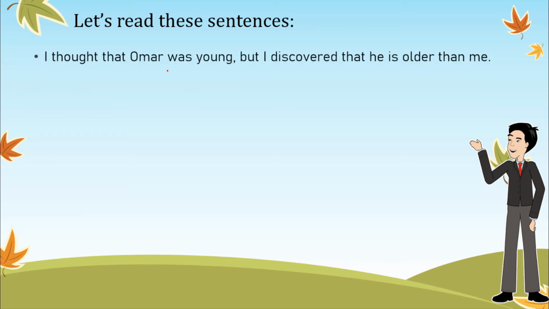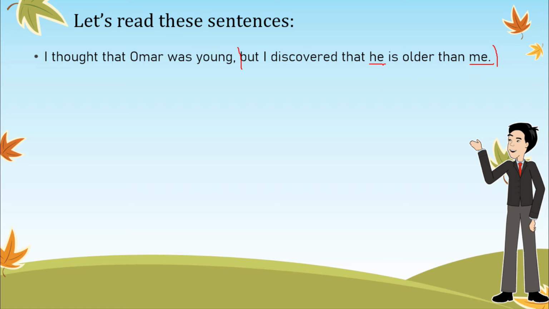Okay, let's move on. Now, we're going to read some sentences and study them. I thought that Omar was young, but I discovered that he is older than me. Now, in this sentence, we have an adjective used in comparison. So we have he and me.